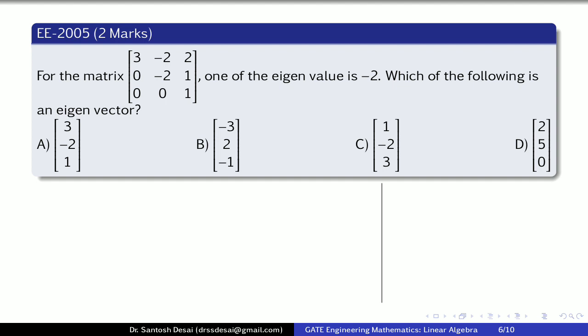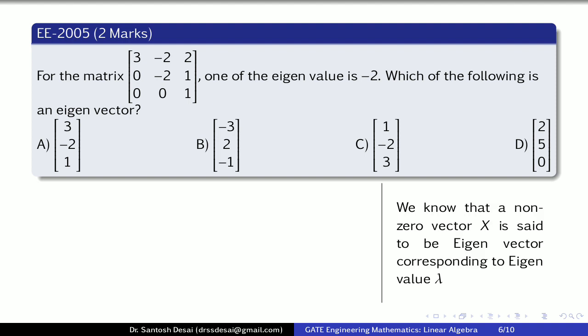So let us recall first what is meant by eigenvector. We know that a non-zero vector x is said to be eigenvector corresponding to eigenvalue lambda if Ax is equal to lambda x. Now to find the eigenvector, I am going to use this condition Ax is equal to lambda x. That means I am going to use the trial and error method to find the eigenvector.